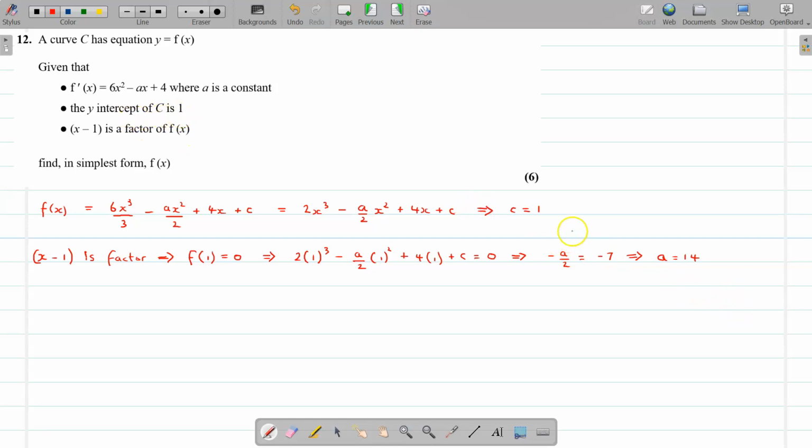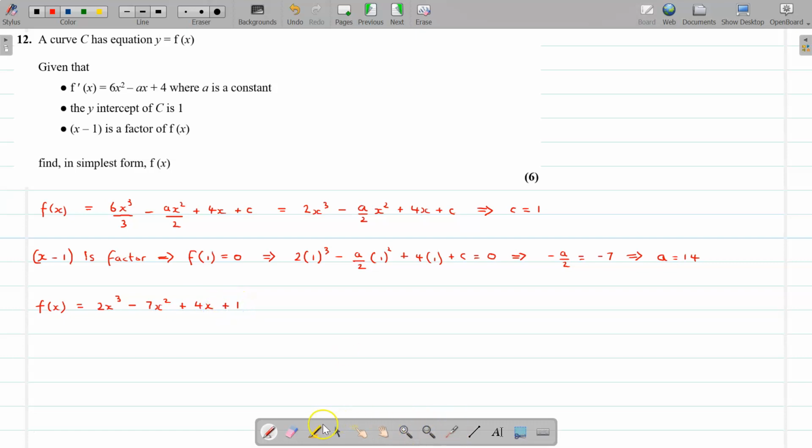So I now know the value of a and I know the value of c, and that's all I need to do to complete the function. So from what I've done above, f of x is going to equal 2x cubed minus 14 over 2 x squared, which is minus 7x squared, plus 4x plus 1.